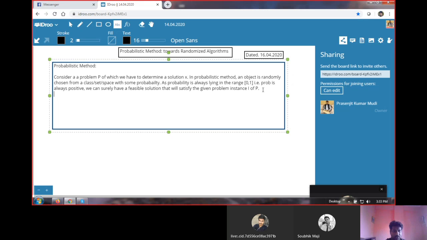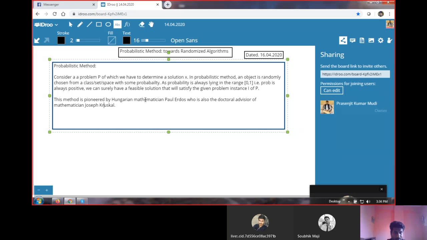So this method was pioneered by the Hungarian mathematician called Erdos, who was also the doctoral advisor of Joseph Kruskal. You have already heard of Kruskal's algorithm.